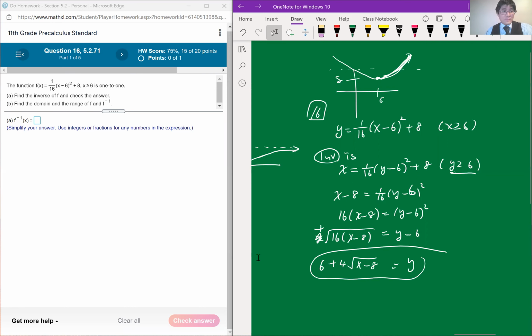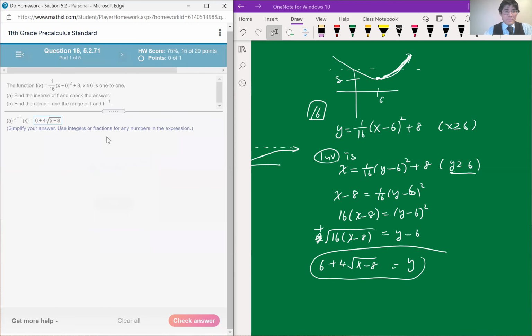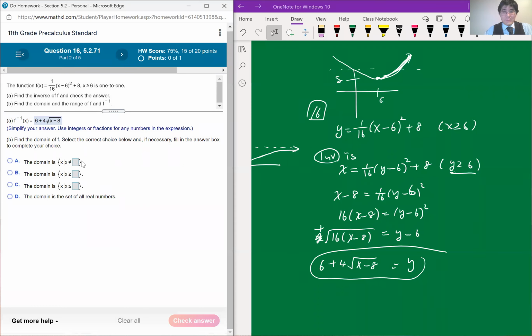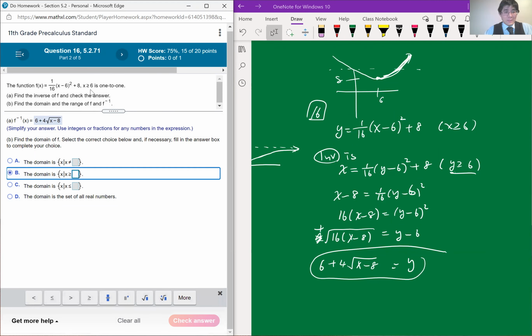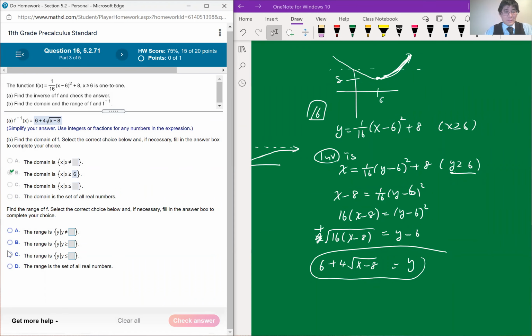So it's going to be 6 plus 4 square root of x minus 8. Domain is any number greater than or equal to 6 as indicated in the problem. Range is everything greater than or equal to the vertex y value, which is 8.